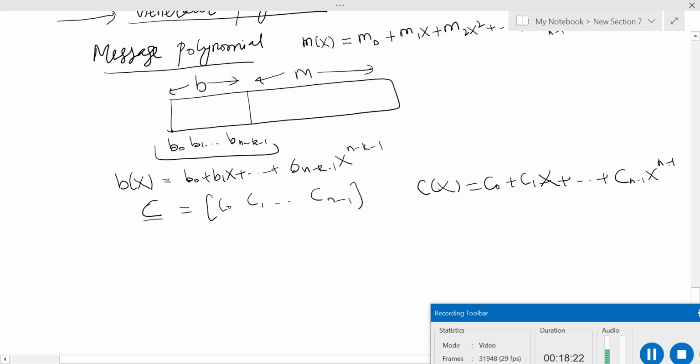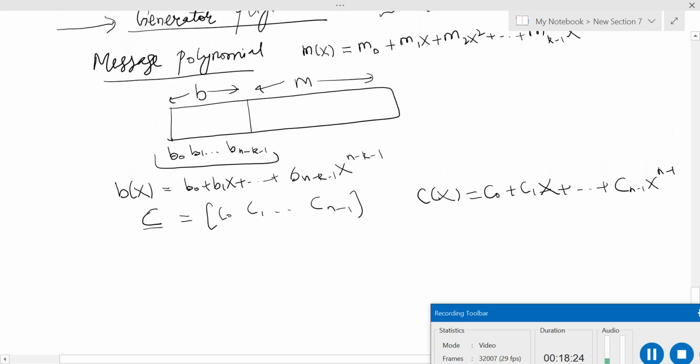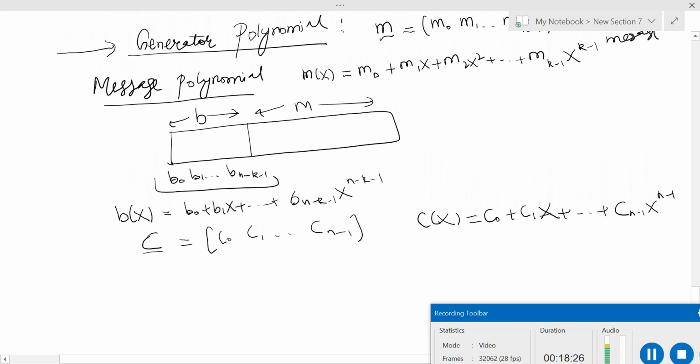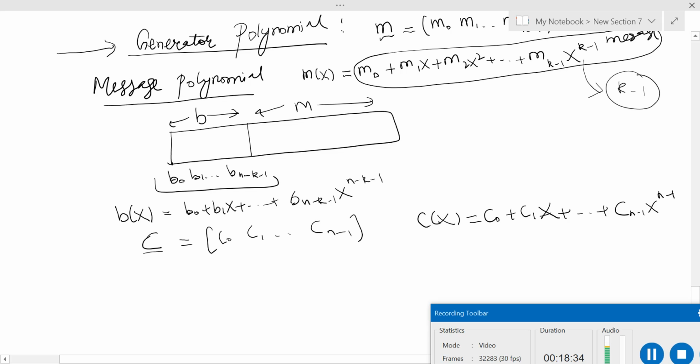So this degree is n minus 1. Now if you look at the message bits, definitely it has degree k minus 1, and if you concatenate parity bits to it directly, what is the degree of the parity part? Its degree is n minus k minus 1.